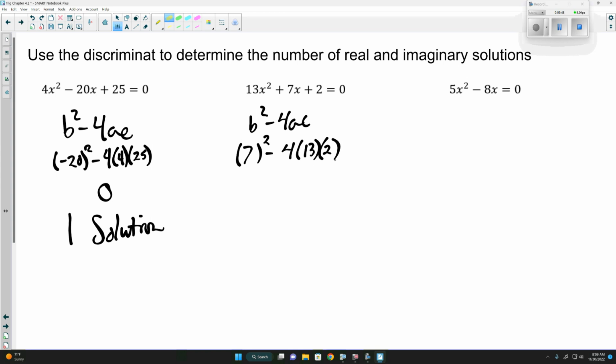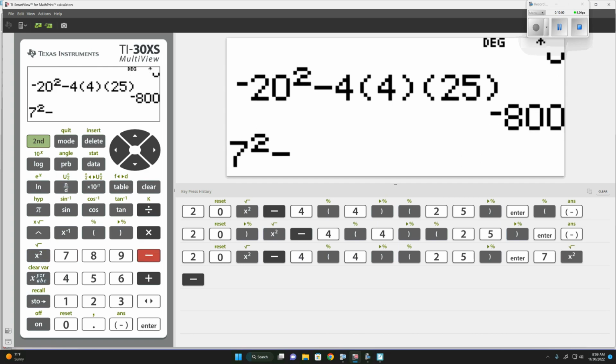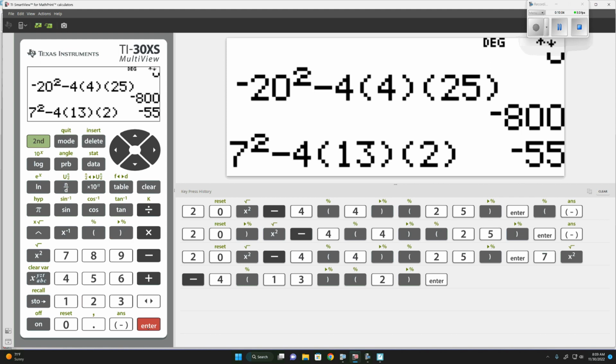Well, 4 times 13 is 2, carry the 1, 52. That's going to be bigger, most likely. And we can double check and make sure. 7 squared minus 4 times negative 55.